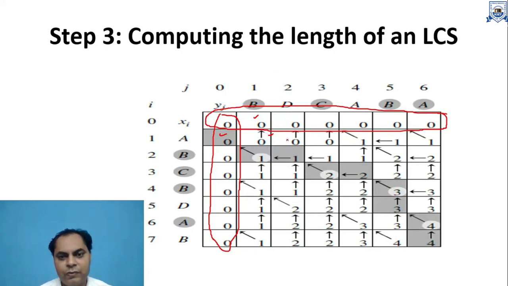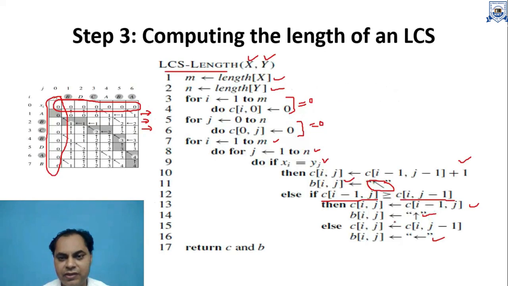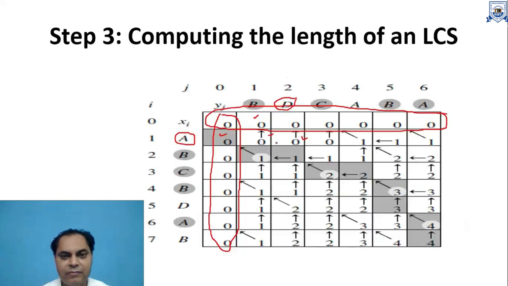Then C12. Now come to the value C12 again. We have to compare characters. If the characters A and this D are not equal, we have to jump into the else case, and again compare these two values, this value and this value.